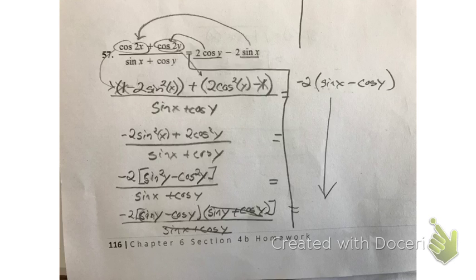Other questions? Rena. Number 61 has 2 sine squared u over 2, so we have to use our half angle identities. So what I did is I kind of worked on both sides.